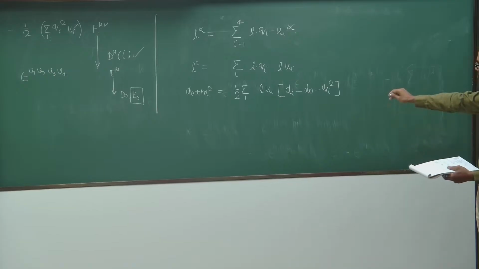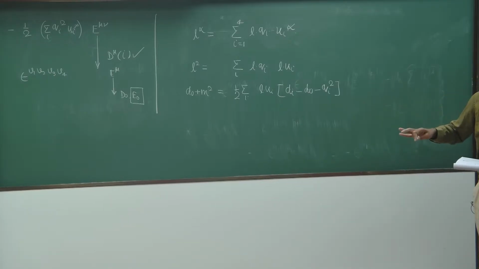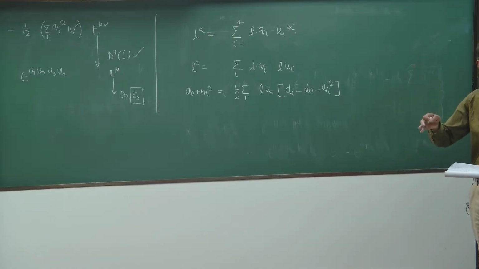Now I multiply both sides by, or divide by, all the propagators d0, d1, d2, d3, d4, and integrate over d4l.